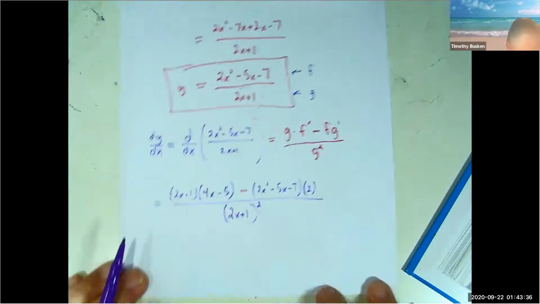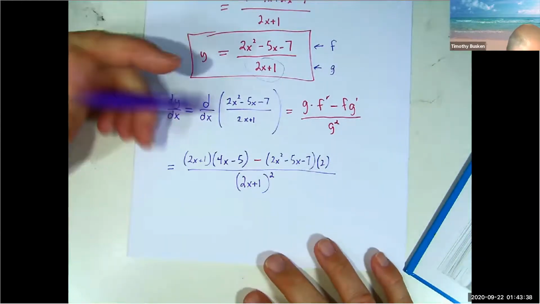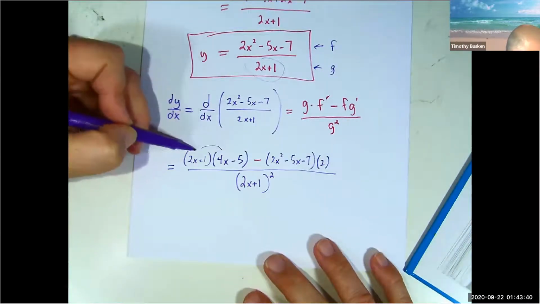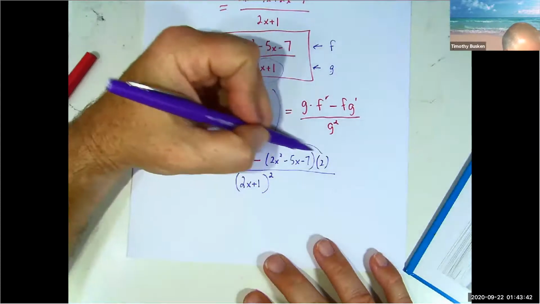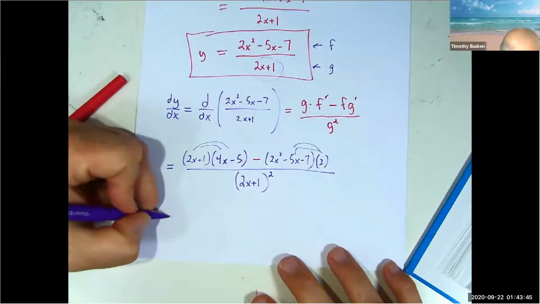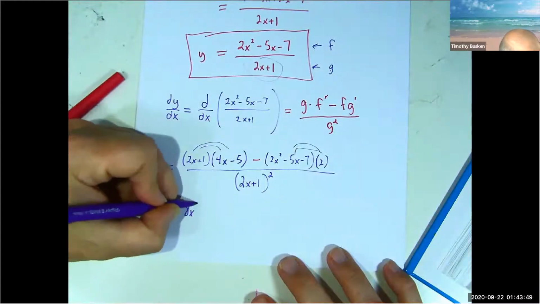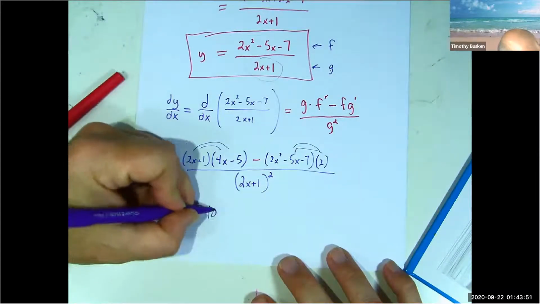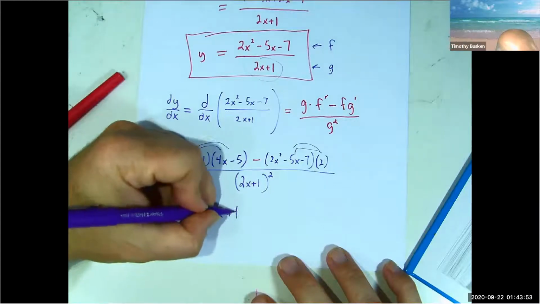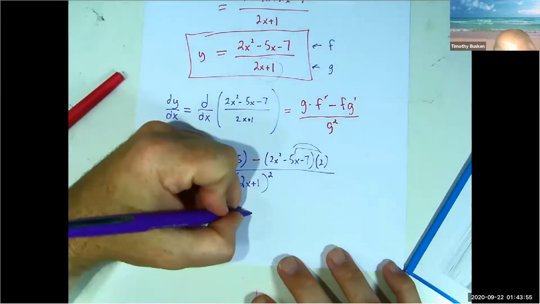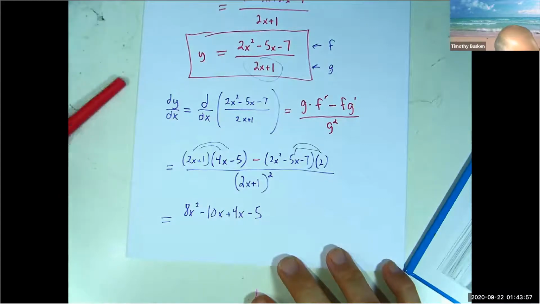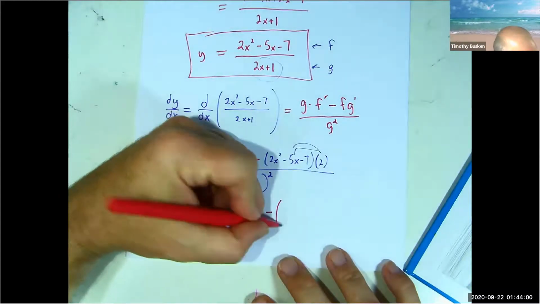Now it's time to simplify that. So we'll multiply the 2 over here, and then we'll subtract. All right, so multiplying here using FOIL, I'm going to get 8x squared minus 10x plus 4x minus 5. And then I'm going to subtract from that.